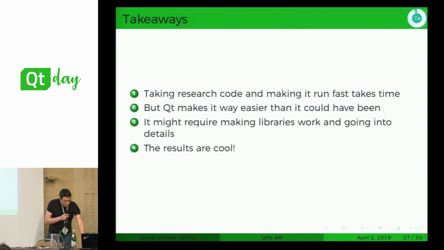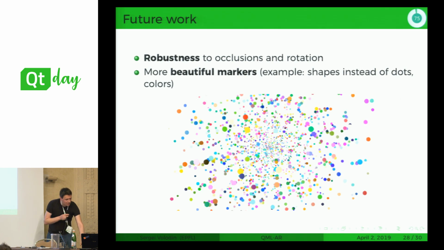But overall, the results are quite interesting. So what can be done next? I would say that making it even more seamless is a good idea. For example, in this picture, nobody would imagine that this is an AR marker, but it actually can be used as one. So I would say this is the main direction that is quite interesting.